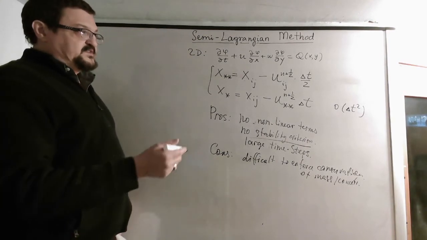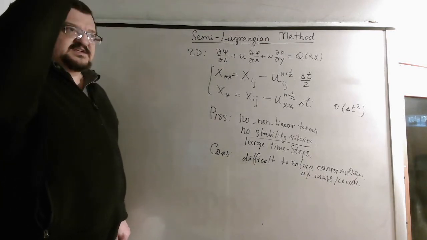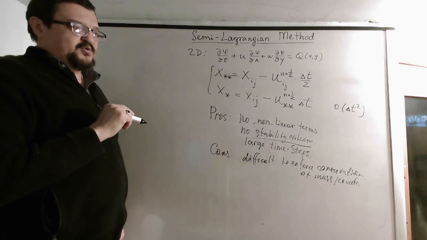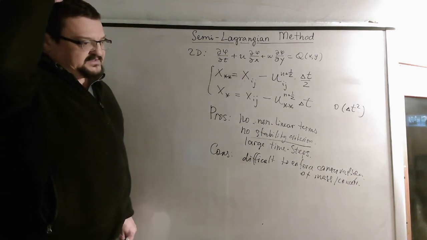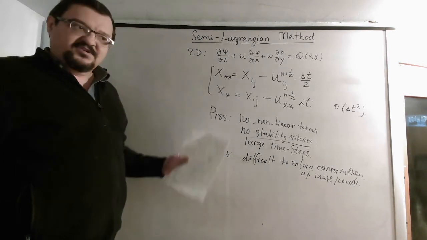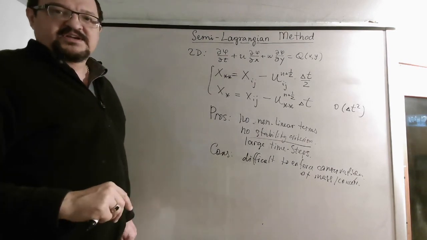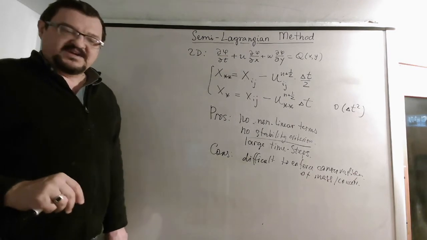And the reason is because your departure point can be some place, and then you just say it's equal to your arrival point. But if you integrate all over the place, it doesn't automatically mean that the mass integral of the whole grid does not change in time. You need to make sure of that.